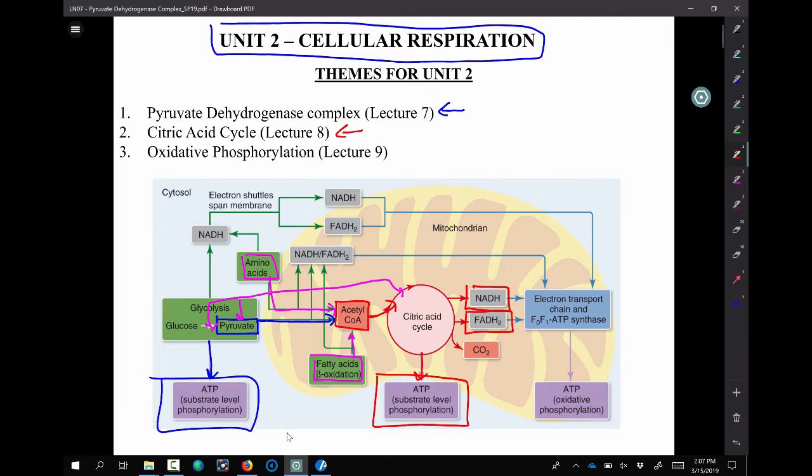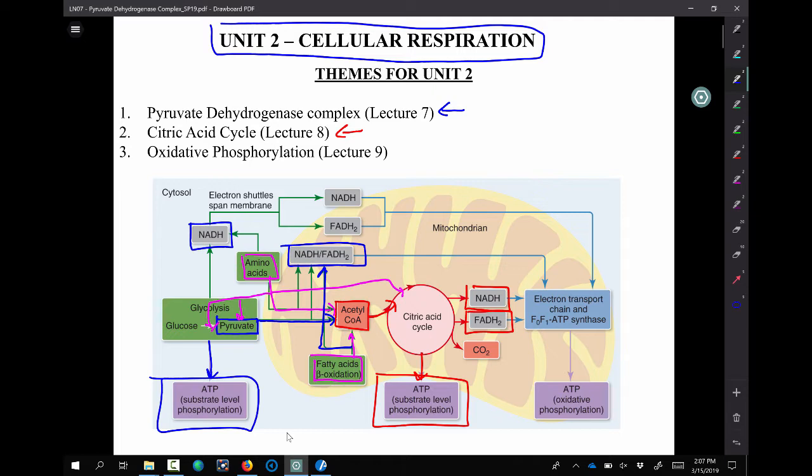These other processes, as we saw with glycolysis, can produce reduced electron carriers. In particular, fatty acid metabolism can produce a lot of NADH, a lot of FADH2. We call these reduced electron carriers because they are carrying electrons from these carbons in these oxidative pathways.